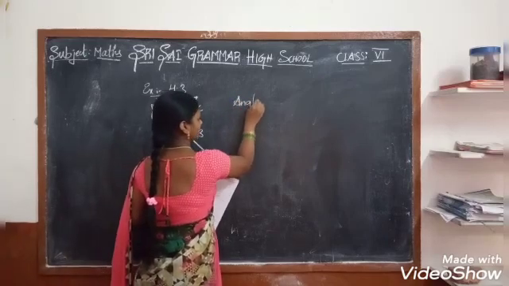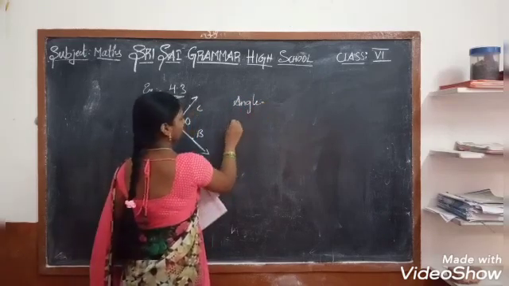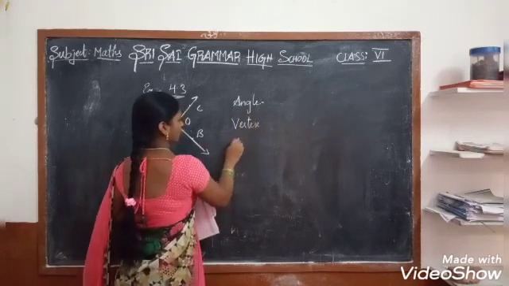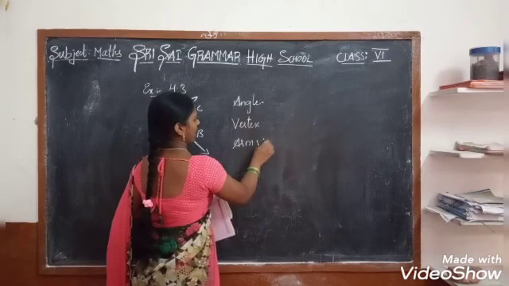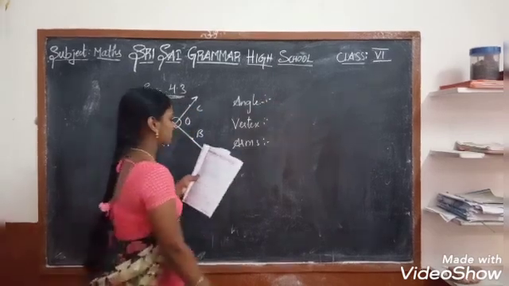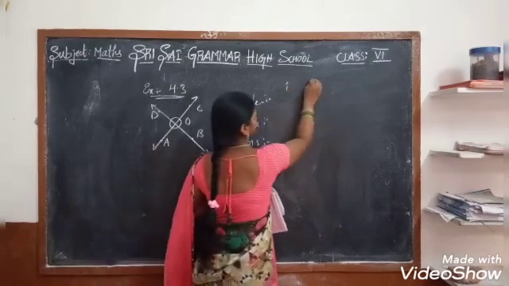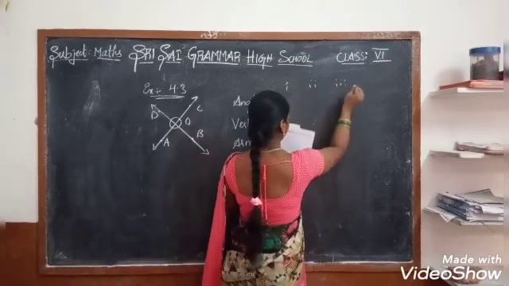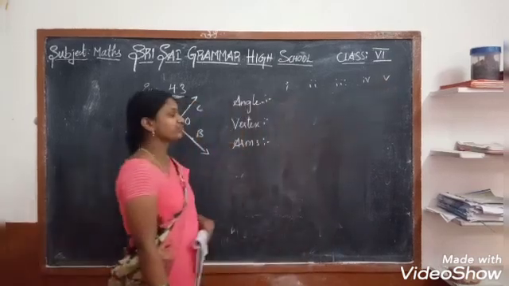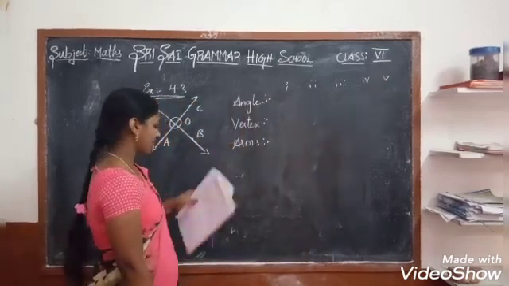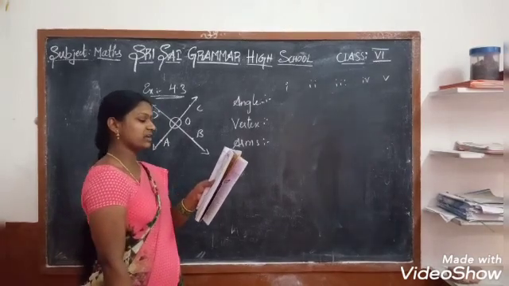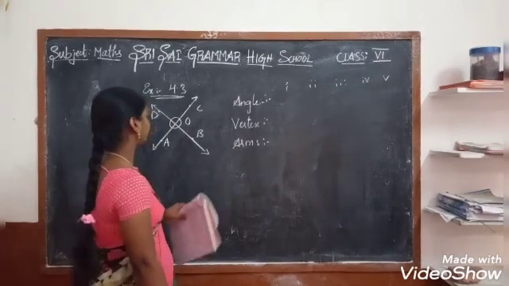How many vertex? And how many arms are seen? We have to write for the figure. First, second, third, fourth, and this is fifth. From this, how many angles are forming, how many vertex, and how many arms are going to be seen?